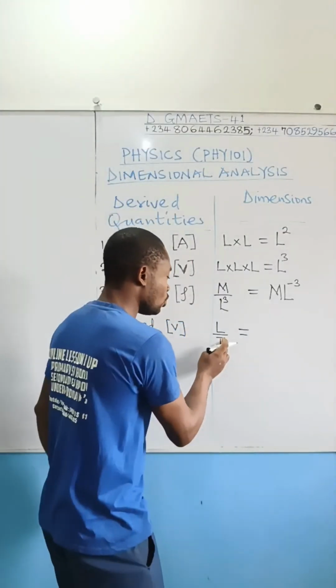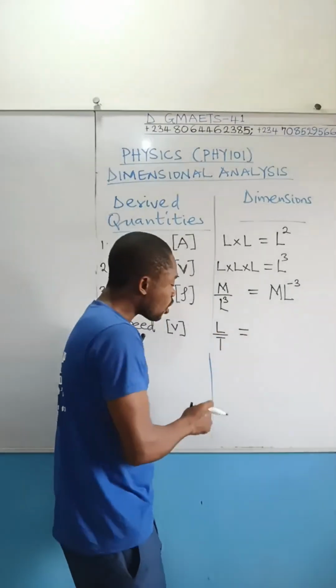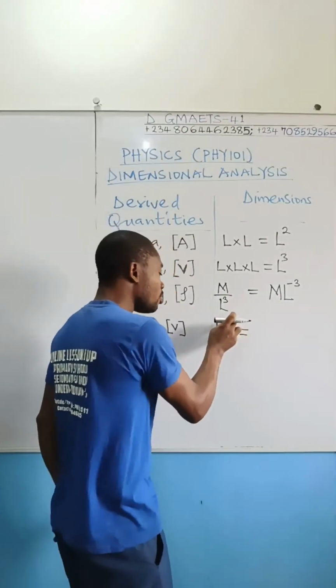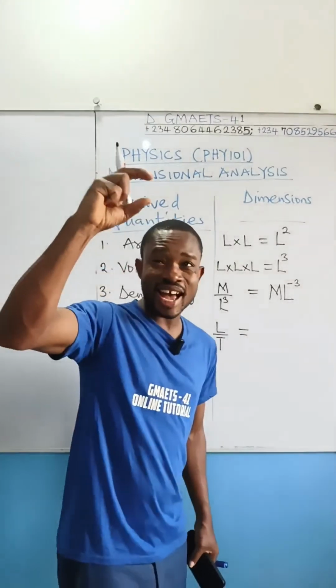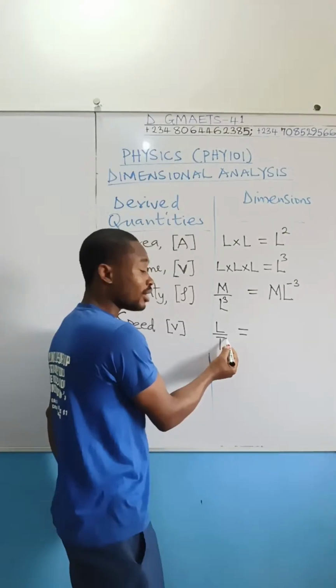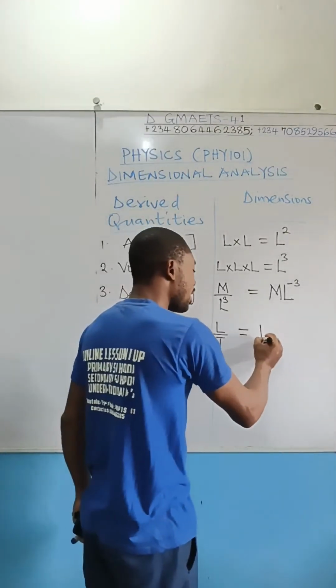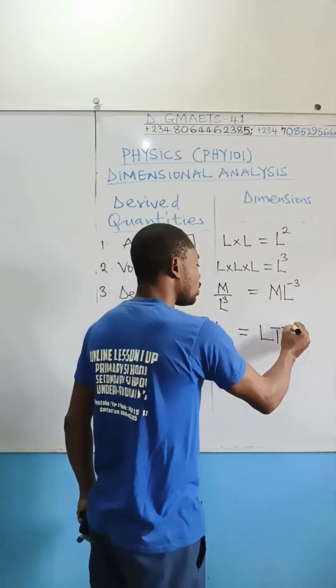Therefore, this T will go up to multiply this L. And of course, when the denominator is going to the numerator, like I said, the sign of the power will change. Here, this T is raised to power plus 1. If it goes up, it will become L T to the power of minus 1.